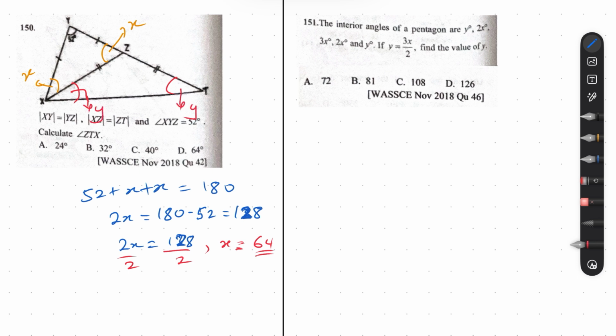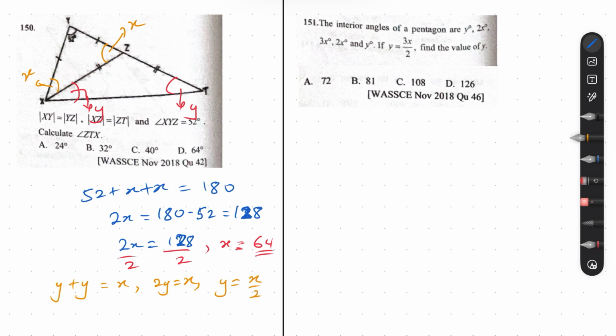Now, when we add y and y, we should get x, because the sum of two opposite interior angles gives the exterior angle. So y plus y is equal to x. That means 2y is equal to x, and y will be equal to x over 2.